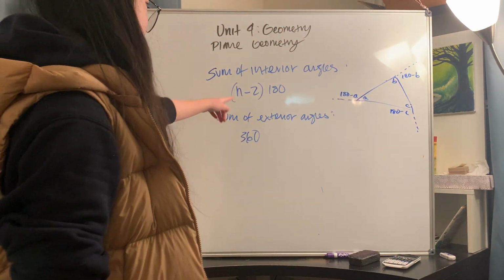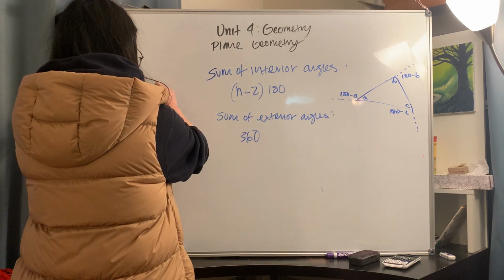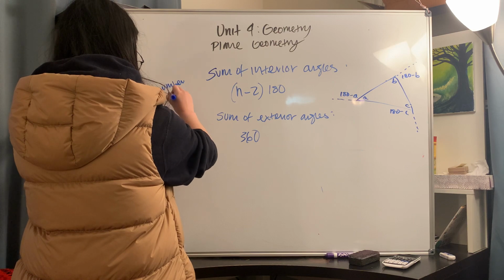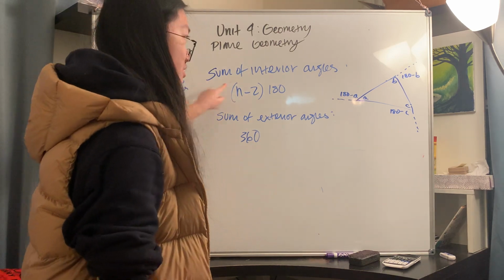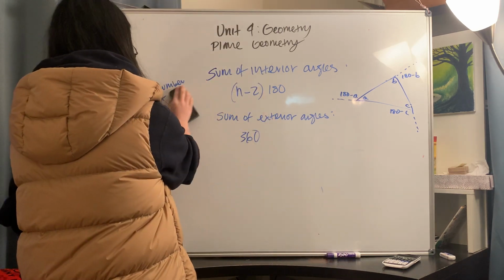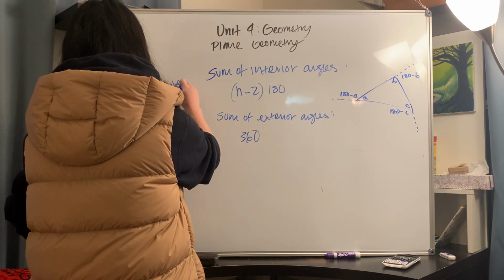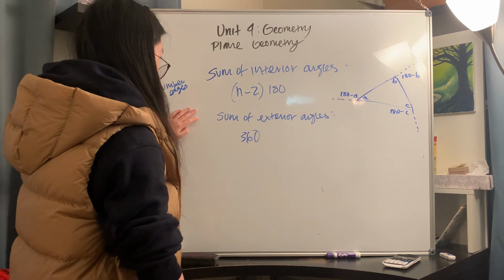So, I should add here, define my variables first. N is equal to the number of sides, or actually I should say edges, number of edges, that the polygon has. So our triangle has 3 sides, 3 edges.